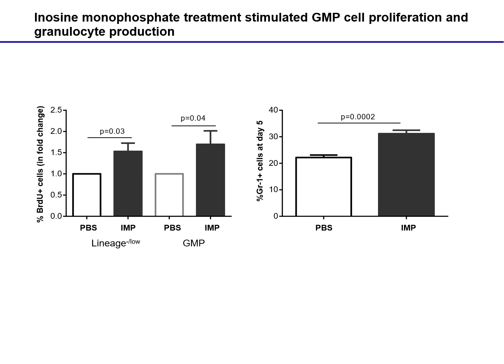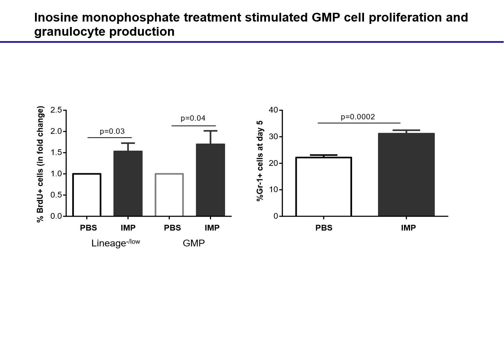By FACS staining, we further confirmed AMP treatment stimulated BrdU proliferation in lineage-negative cells and GMP cells, as evidenced by the number of BrdU-incorporating cells in the entire population.